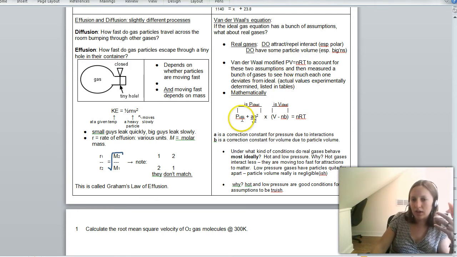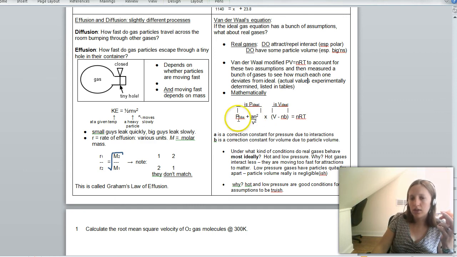You're assuming that the particles are not attracted to each other at all, and that they're just hitting the walls of the container, and that it doesn't matter what gas it is. That's not true. So I'm going to say that actually pressure, and then I'm going to correct for the attractions of the particles.